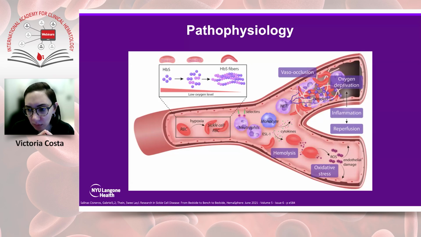And this kind of vaso-occlusion leads to ischemia and pain. Additionally, the cells are a lot more fragile and undergo hemolysis. And overall, this vaso-occlusion and hemolysis leads to long-term organ damage. Along with the vaso-occlusion and hemolysis, there's a lot of oxidative stress and inflammation occurring.